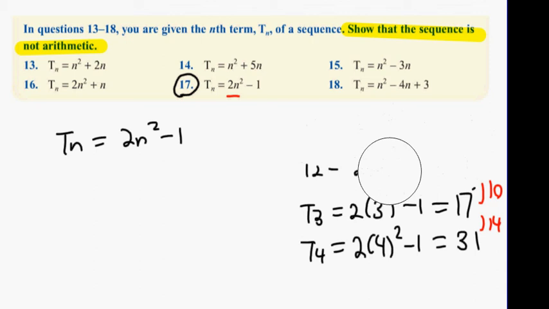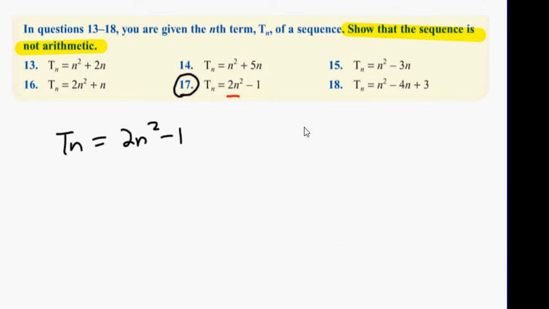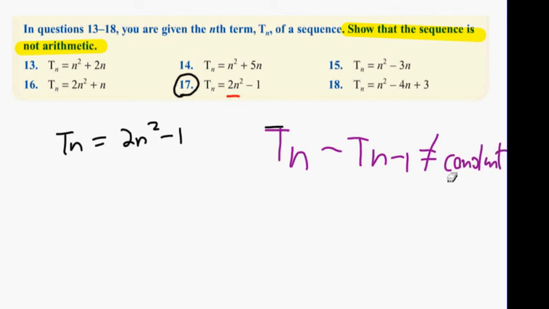Okay? So what we're going to prove this time around is that Tn minus Tn minus 1 is not constant. So let's prove that.